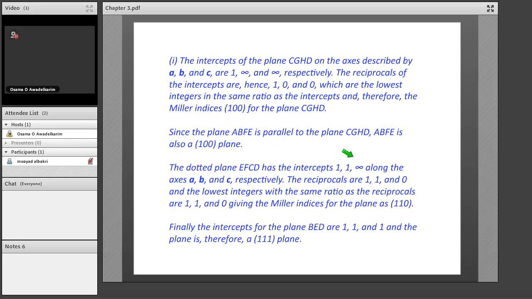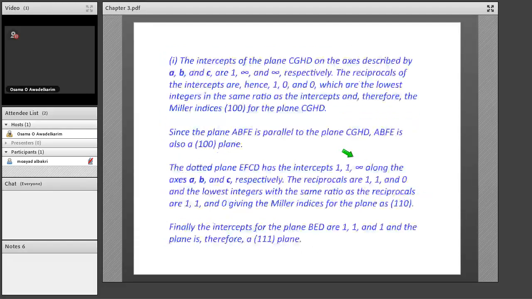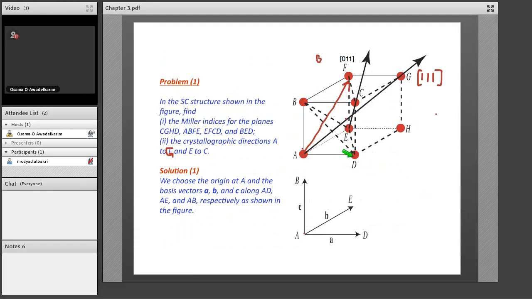How do we do that? E to D is written as A to E minus A to D, the difference between two vectors. Let's go back and see if this is correct.